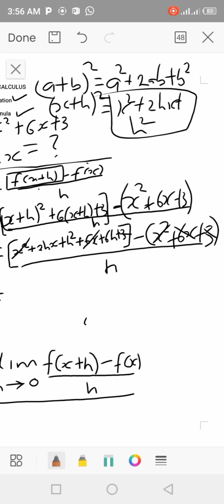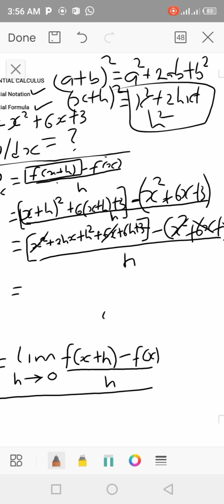So that's going to leave 2hx plus h squared plus 6h over h.